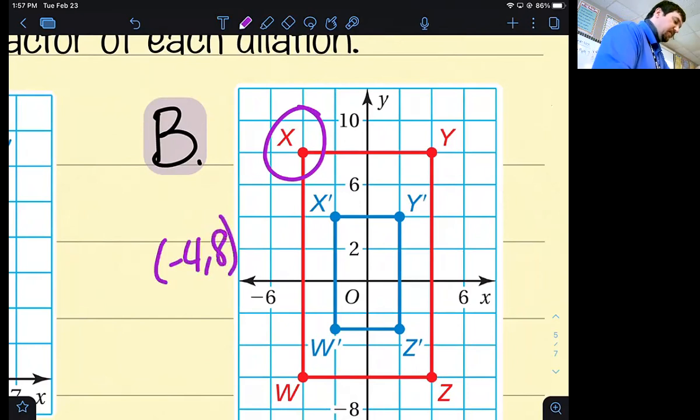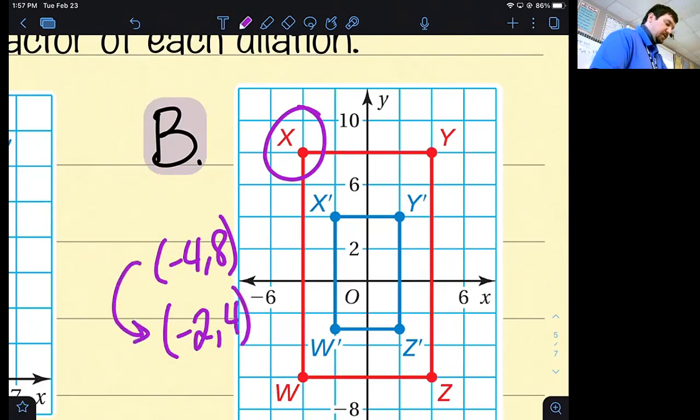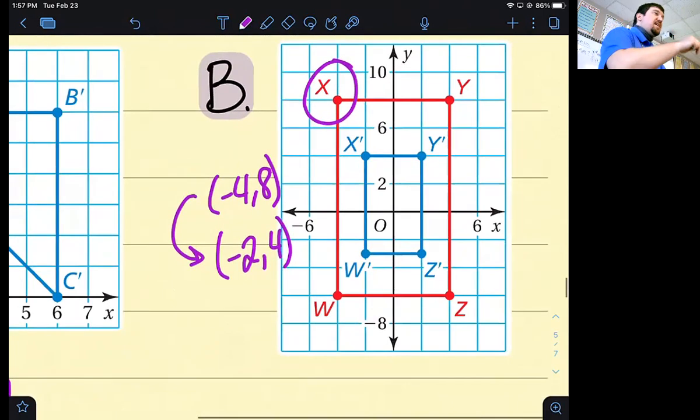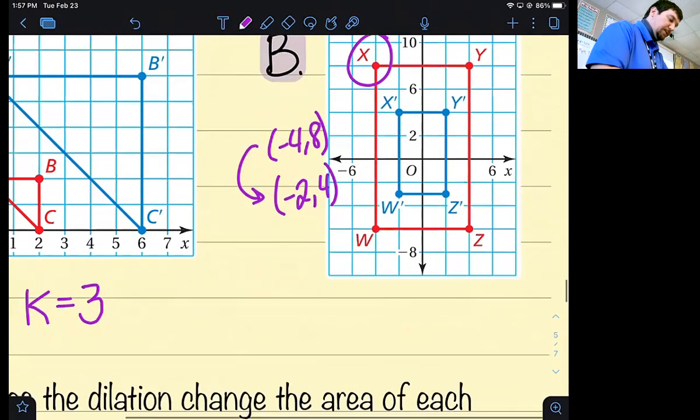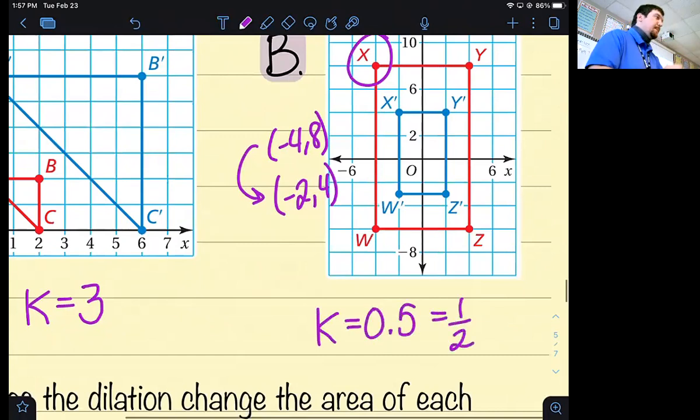And then what's the coordinates of x prime? Devin? -2, 4. What did they multiply -4, 8 by to get to -2, 4? Yes. Don't think of it as dividing by 2. Think of it as multiplying by 0.5 or by half. You could say either one of those.